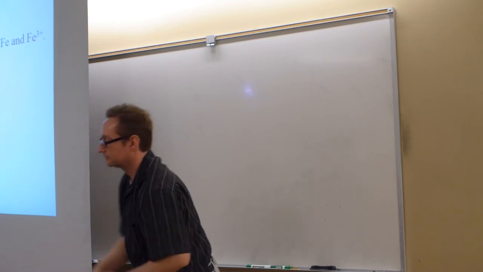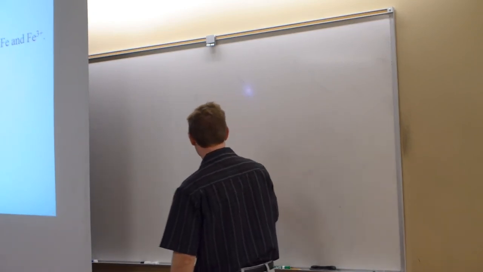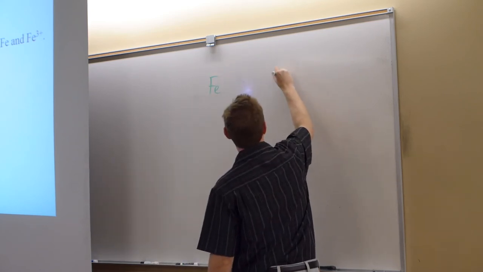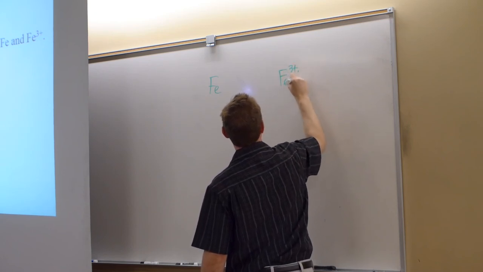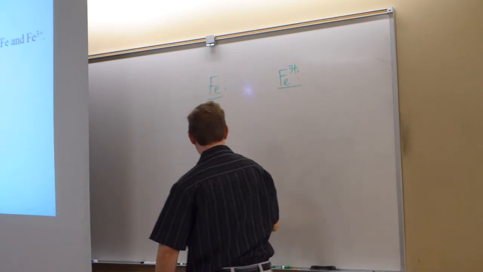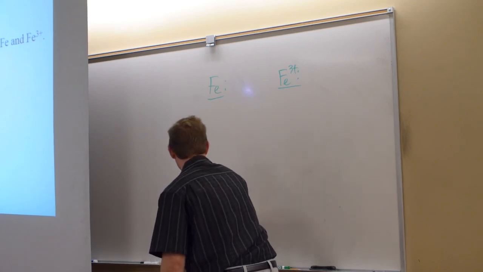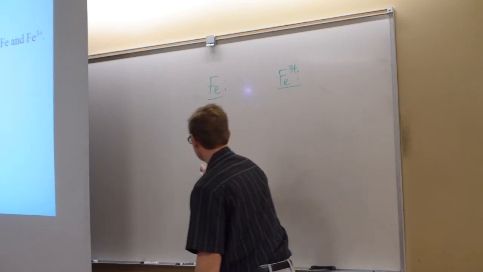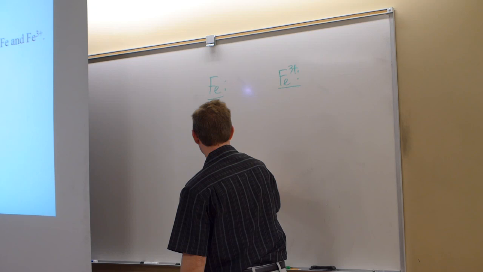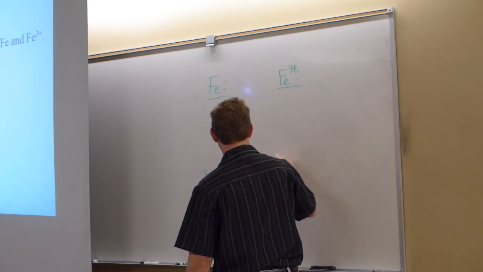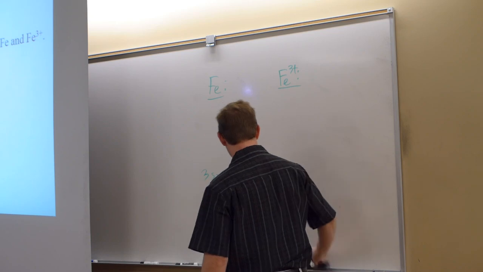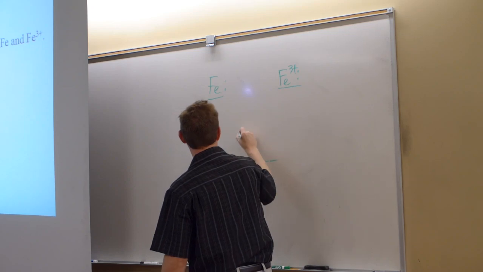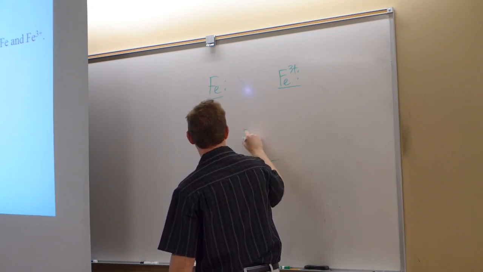Let's use a different color. All right, so here's Fe. Let's see, we'll do Fe3+ here. So we've got 1s, 2s, 2p, 3s, 3p, and we've got 4s, and I'm just going to put 3d over here.